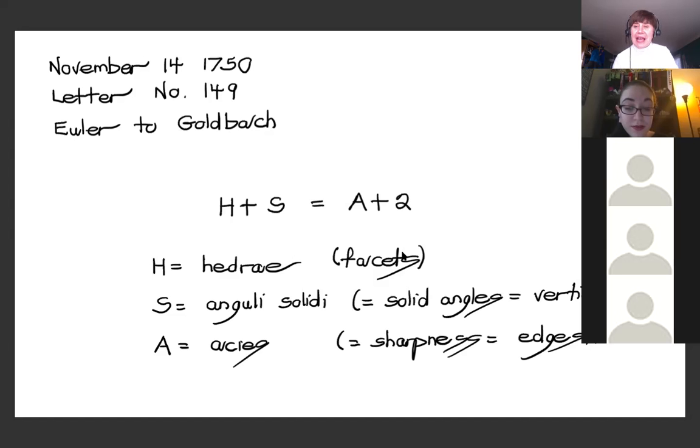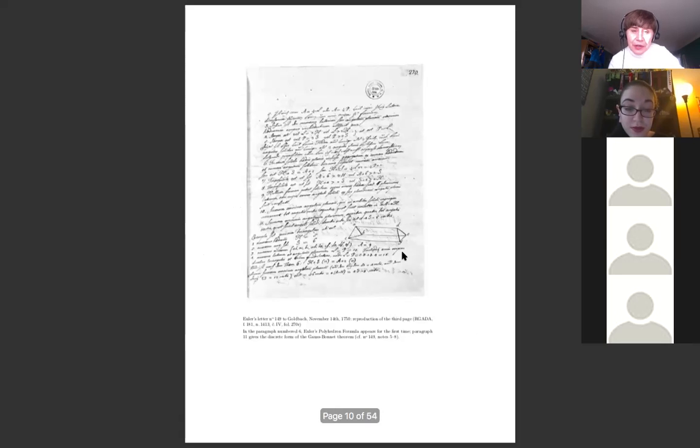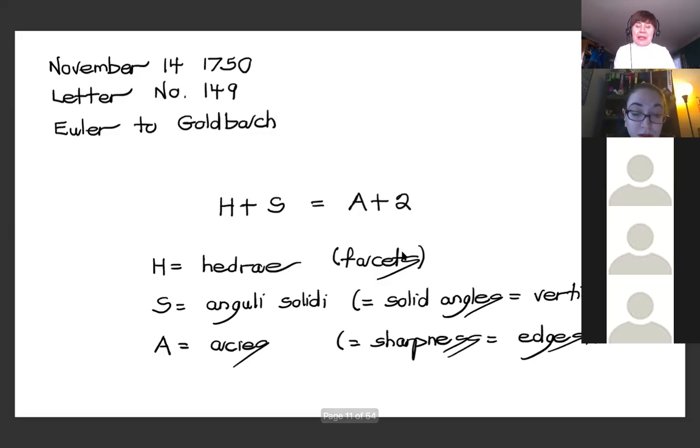But he has this thing in the middle, sort of, you can't really see it, but it's there when you get closer. H plus S equals A plus 2. What is this? Here H stands for hydrae, plus anguli solidi is equal to ACs plus 2. What this says is that hydrae is actually facets.